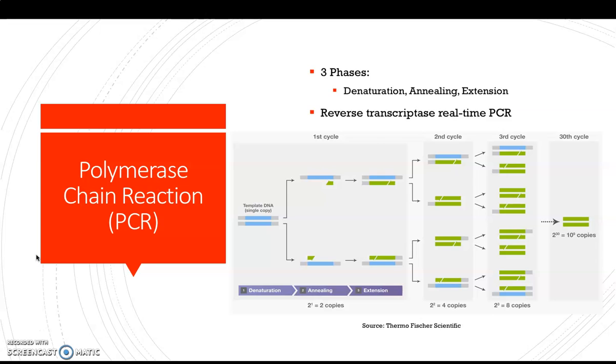The difference between traditional PCR and real-time PCR is that traditional PCR uses agarose gel at the final phase, or where the PCR will start to plateau, to then detect for PCR amplification.